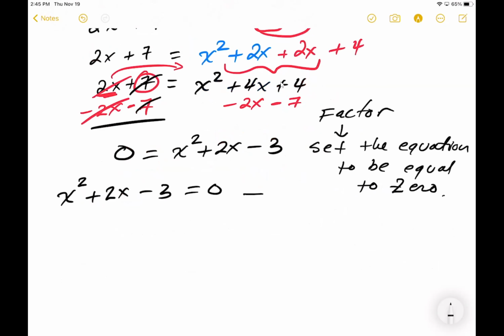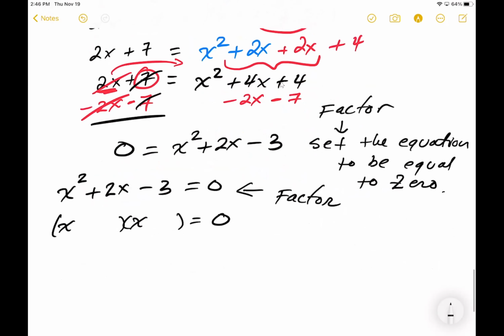What do we need to do? We need to factor. And if you factor this, why is it easy? Because we break down the x squared. We need 2 numbers that multiply to give you 3, but subtract to give you 2. Do you agree that 3 is only 1 times 3 and the 3 is positive?